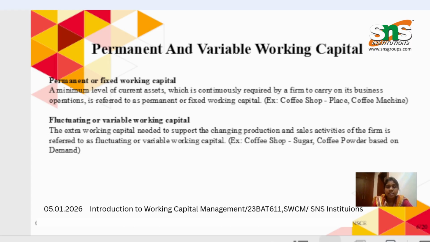The second thing is variable working capital, which can also be called fluctuating working capital. There may be ups and downs with respect to the working capital or the assets.